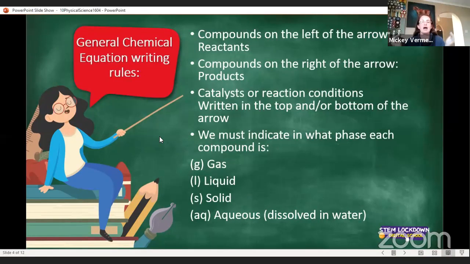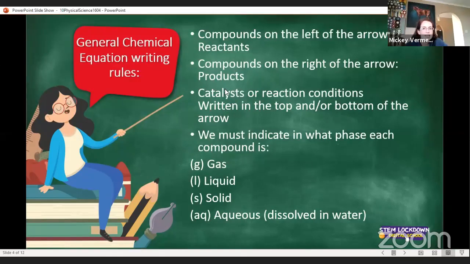If I make the temperature of a reaction very high, then sometimes it costs more to make something than I can get for it. And so we use catalysts, because a catalyst I can use over and over and over again.